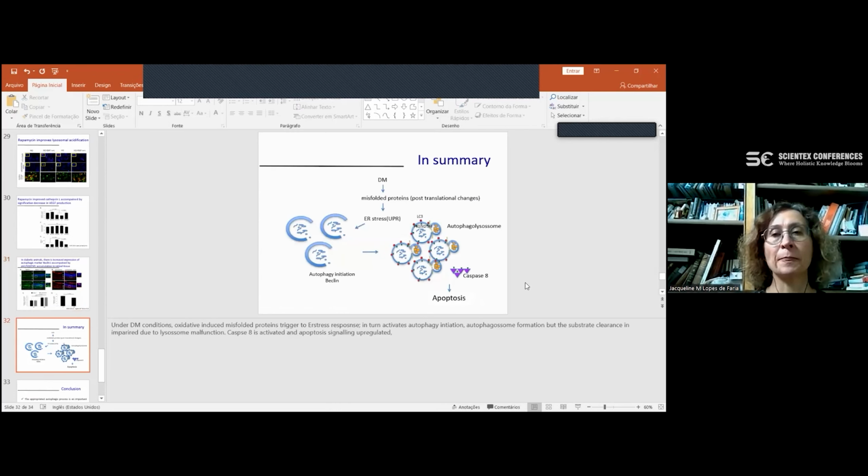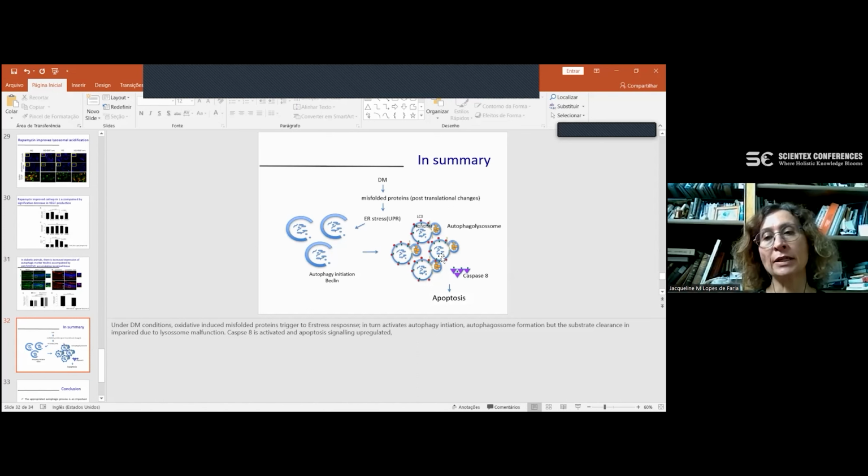So in summary, I'd like to say that the diabetic condition induces post-translational changes, which change the folding of the proteins, stimulate the endoplasmic reticulum stress, which will initiate the production of the isolated membranes and formation of autophagosomes, which will be fused to lysosomes, but due to a lysosomal dysfunction, this cargo is not degraded.